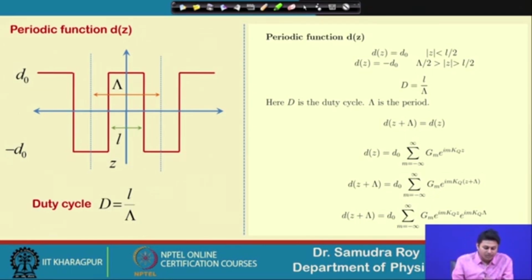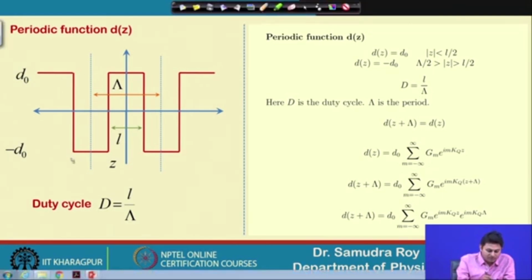So, let us try to understand this D function first. Here we plot D as a function of z. This is the period, from this point to this point, suppose we have the period. So, this period is lambda.